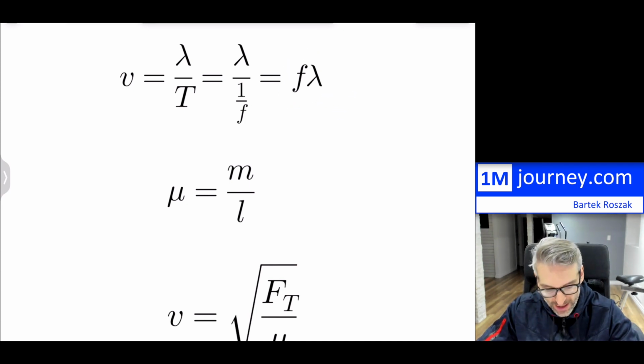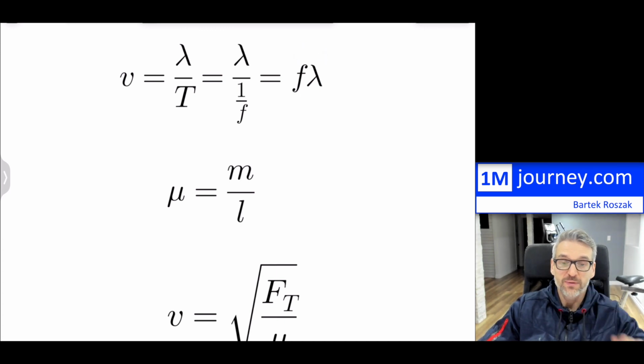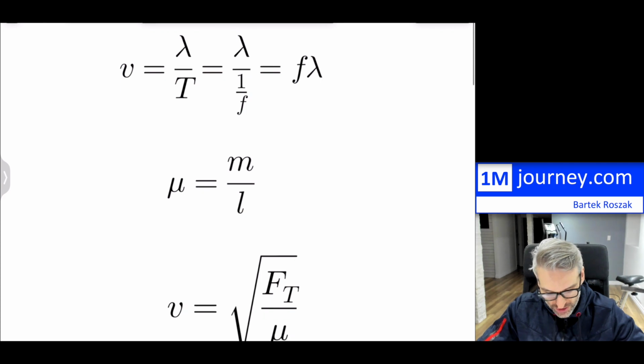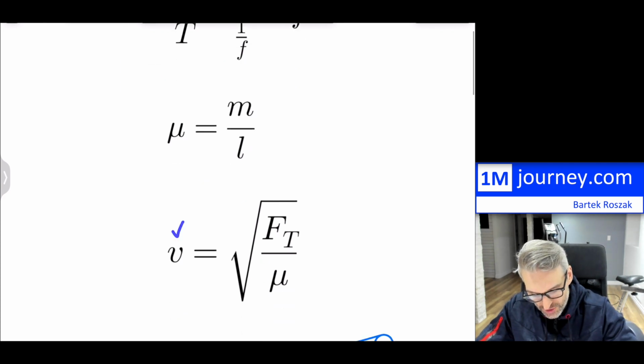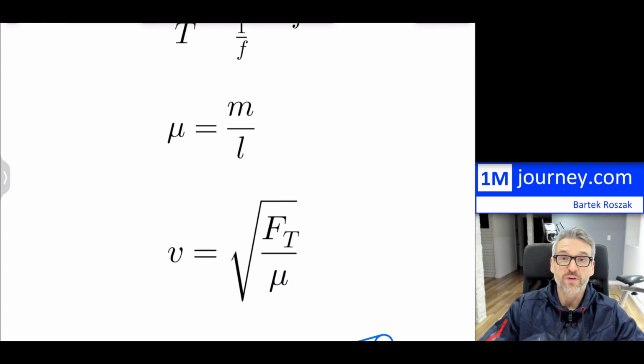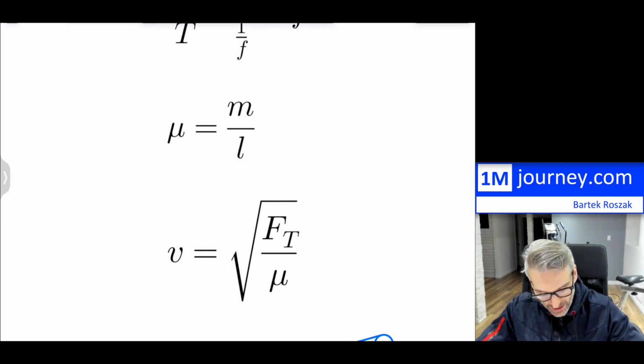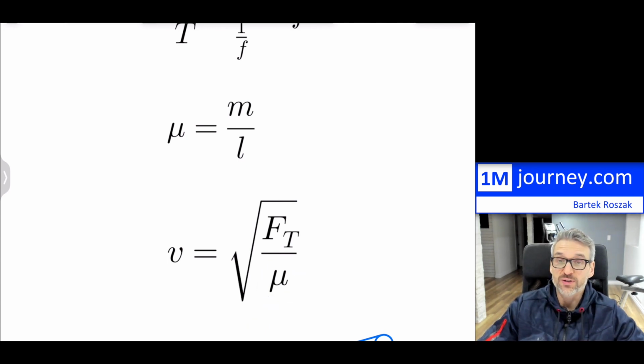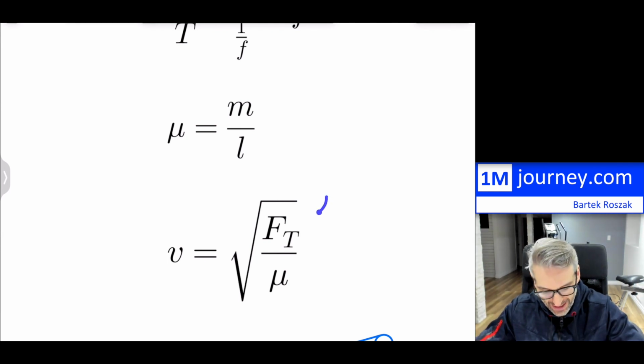But we don't always have this luxury of knowing the frequency and the wavelength. And more so, if we are interested in having our strings propagate waves at a certain speed, we may know what exactly their density is because we create them. Then what we can do is tune, like you tune a guitar, to a certain tension.